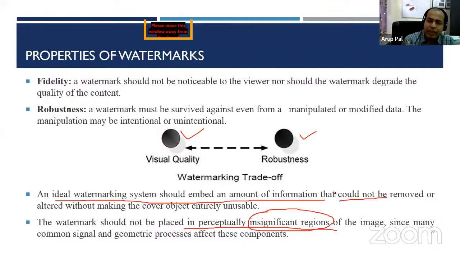So you basically need to store the content in a compressed form, and compression is carried out by removing the redundant components. Redundant means it tries to remove the insignificant components. So naturally you don't hide the content in an insignificant region. If you hide the watermark in an insignificant region, there is a high chance your watermark will be easily removed. If you hide the content in a significant region, then naturally the visual quality comes under threat. Okay, so that is one of the reasons in this particular process.